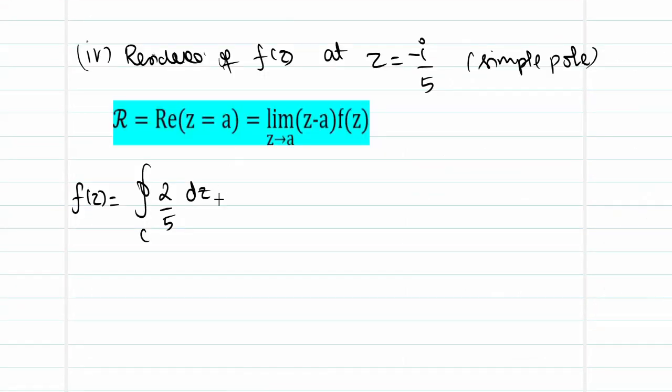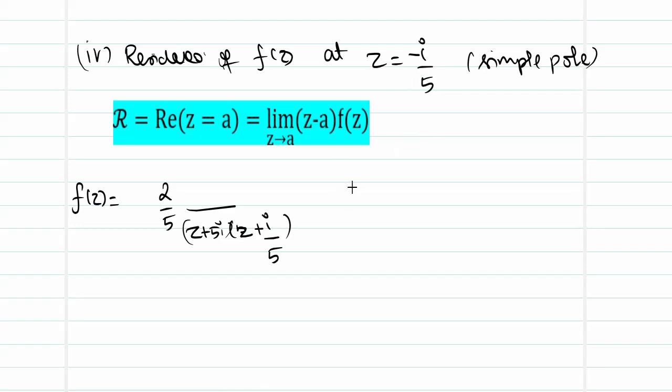So we will replace this as z plus 5i and z plus i by 5. So my function f of z, when I write the function, there will be no integral for it. So I will be having just this to be my function f of z.